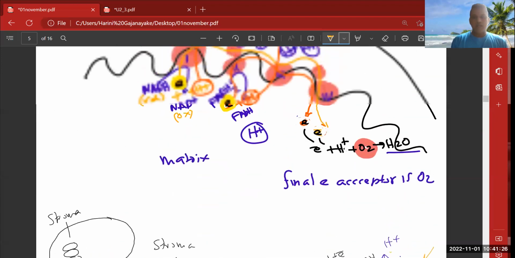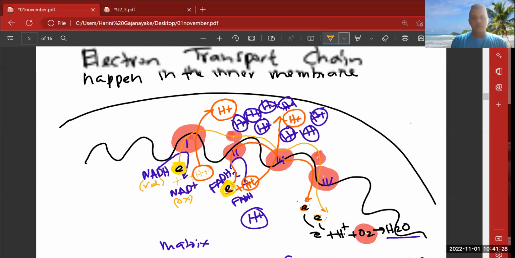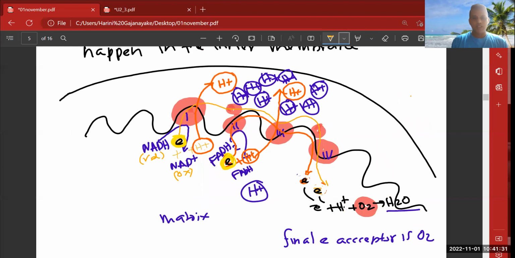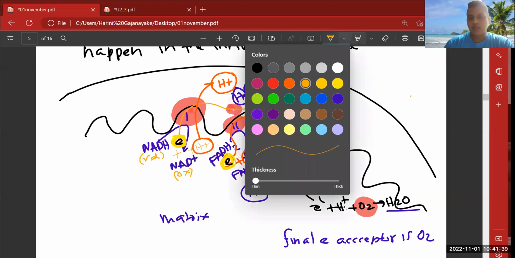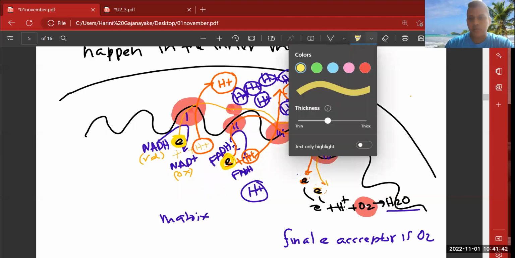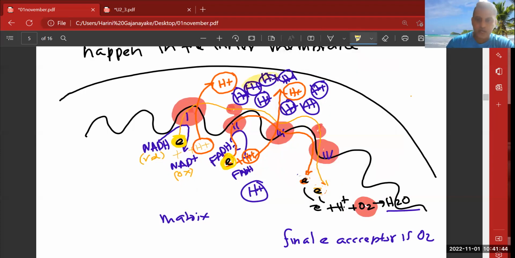Okay, coming back again, in the electron transport chain, a similar thing happens. The difference is hydrogen is pumped from the matrix to the intermitochondrial space, right? This is the intermitochondrial space.